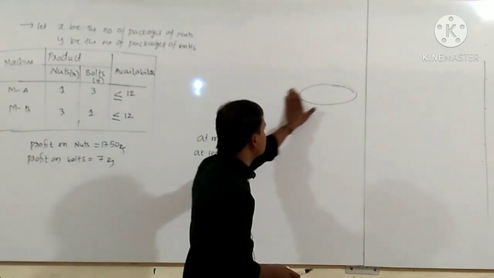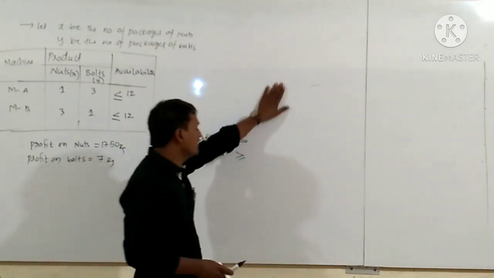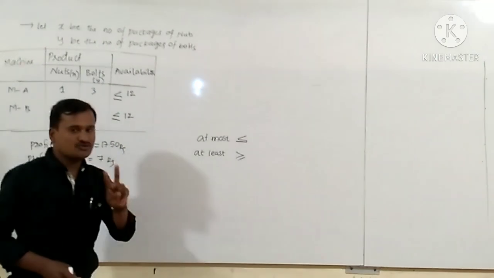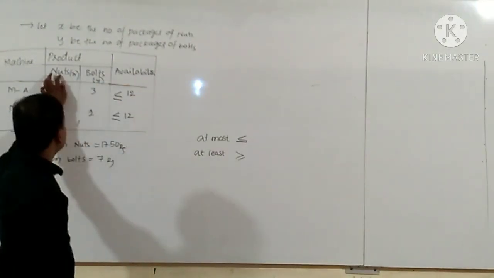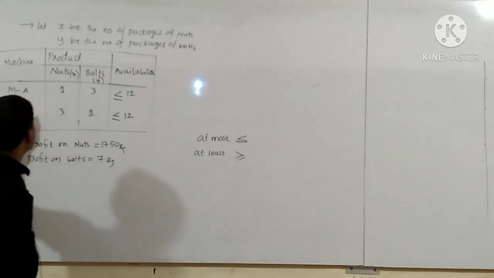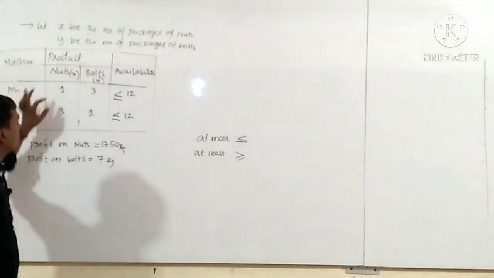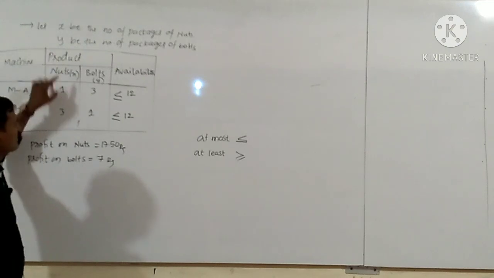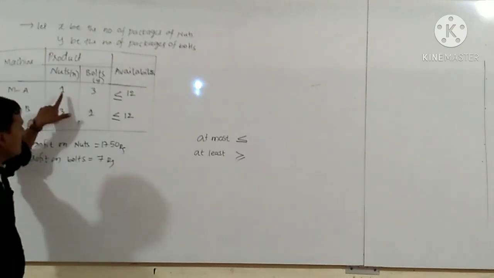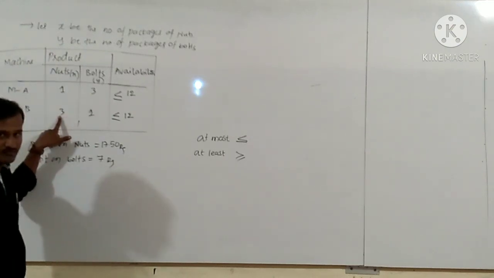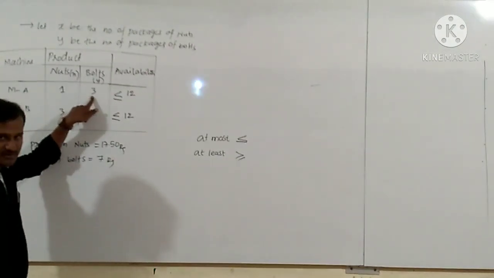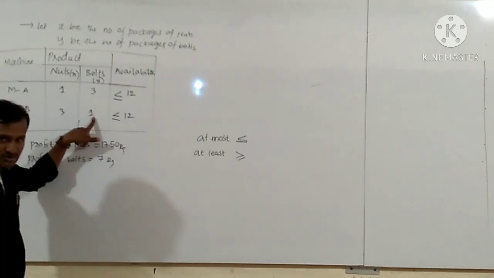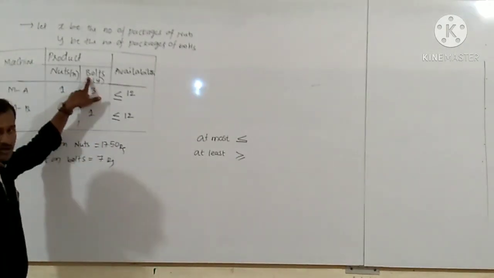Okay, right. So once again I will explain this one. A manufacturer produces two products, nuts and bolts. To produce the nuts and bolts, they are using two machines, machine A and machine B. To produce a package of nuts, it is using 1 hour on machine A and 3 hours on machine B. Similarly, it takes 3 hours on machine A and 1 hour on machine B to produce a package of bolts.